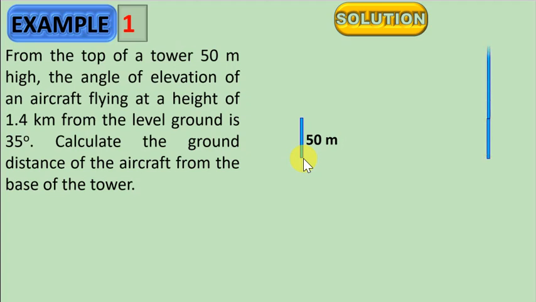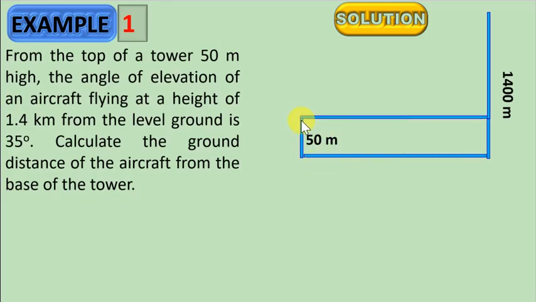Then the aircraft is flying at a height of 1,400 meters, which is 1.4 kilometers. So now, if I draw the horizontal from the top of the tower, then I can now measure the angle of elevation of the aircraft. The position of the aircraft is here.